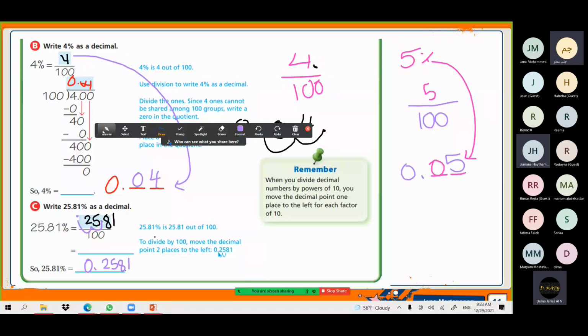This is the second part of the lesson. But teacher, can you repeat this one again? I will solve one more example. Okay, you will understand it more.